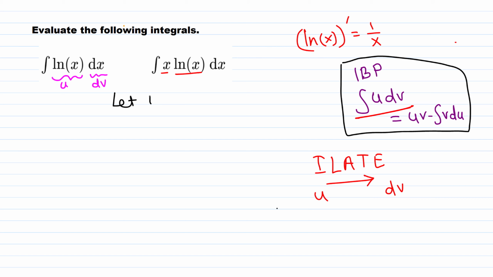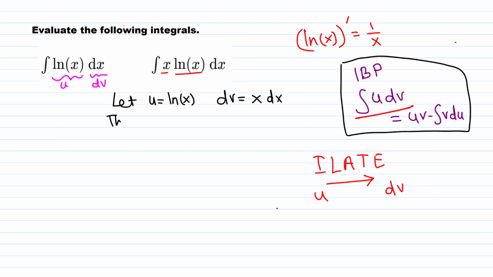For the second problem, let u be natural log of x. Don't just go by the order it's written. If you start with u equals x and dv equals the rest, you'll be in big trouble, unless you know the formula. But if you follow I LATE, the logarithmic function comes first and then the algebraic function. So dv is the rest, x dx.